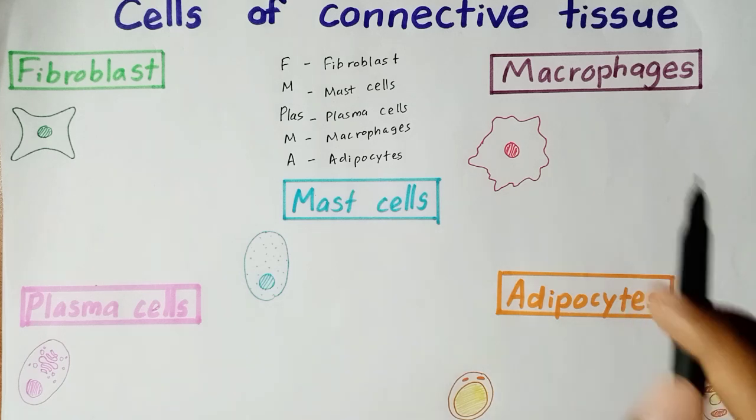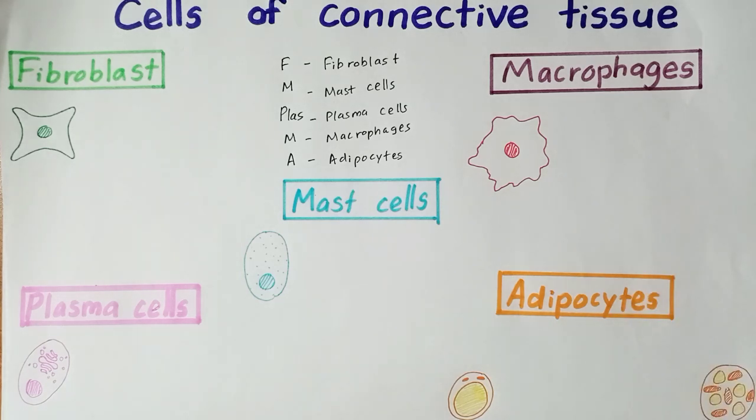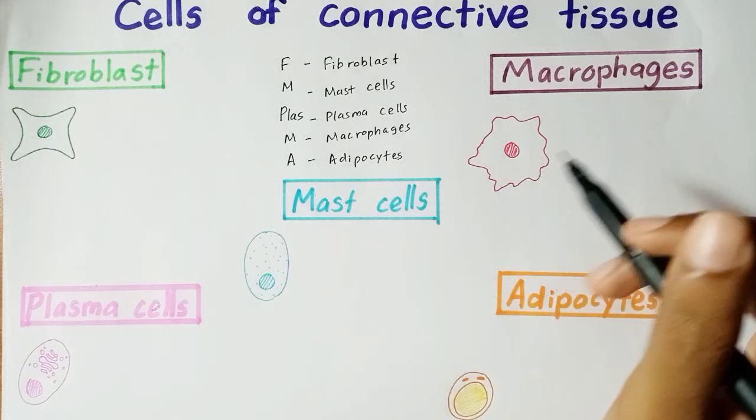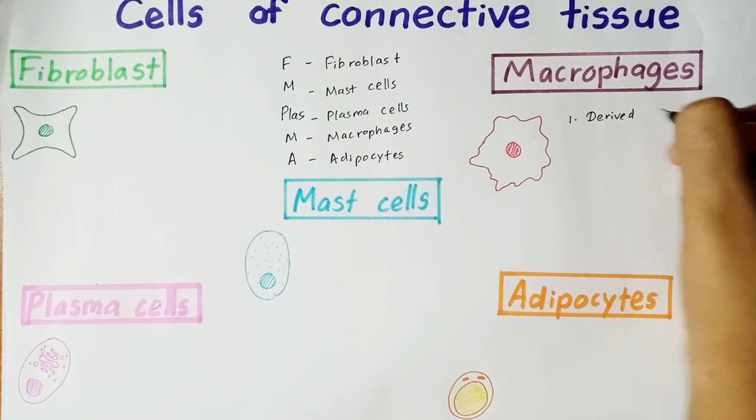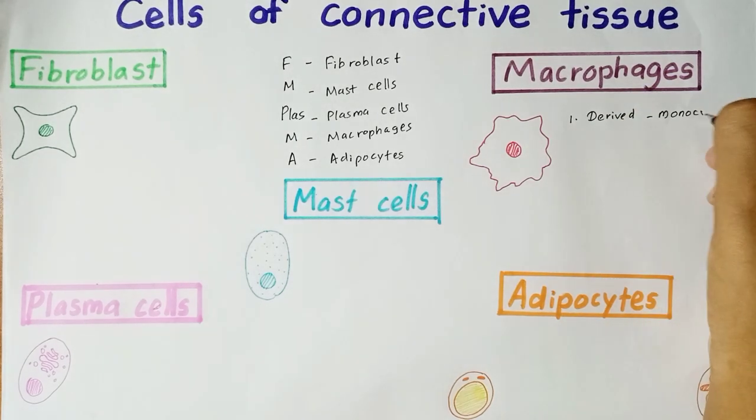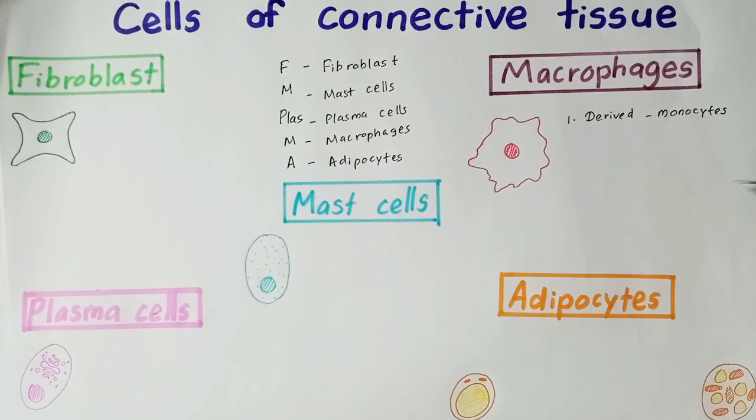So now let's move to macrophages. Macrophages are derived from monocytes. We know that monocytes are a type of WBC. WBCs are engaged in our immune system.